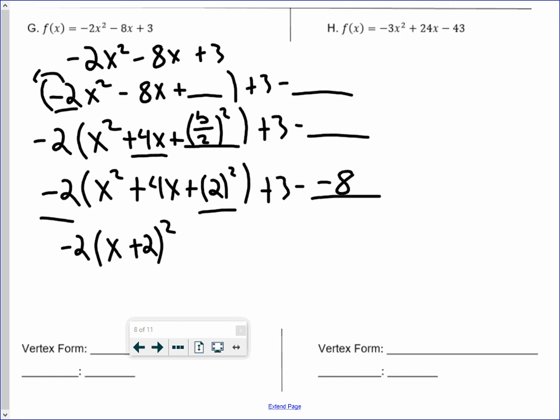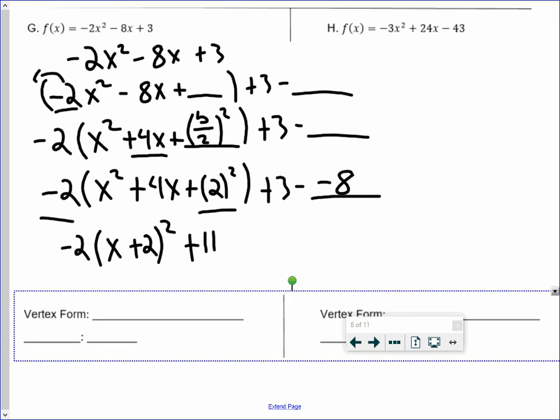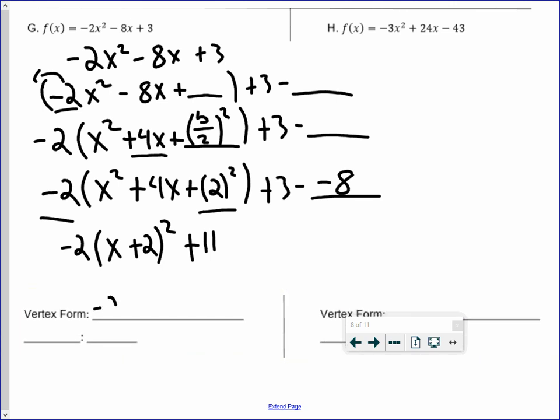And then we have positive 3 minus negative 8. 3 minus negative 8 turns to 3 plus 8, so we get plus 11 over here. So in this case, our vertex form, sorry, is going to be negative 2 multiplied by x plus 2, all of that squared, plus 11.